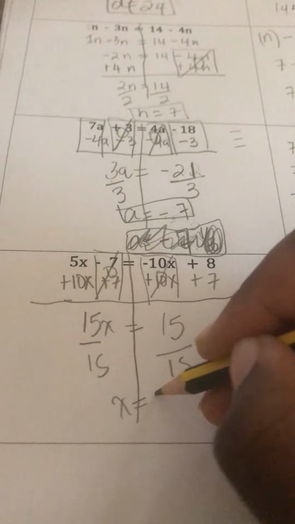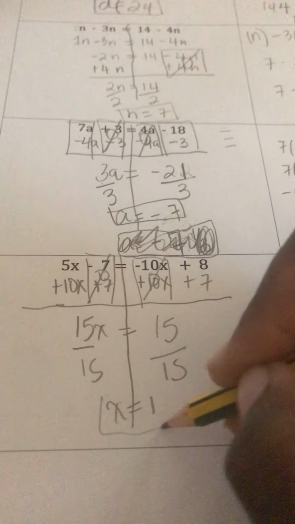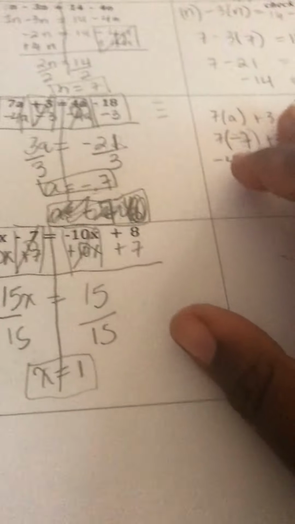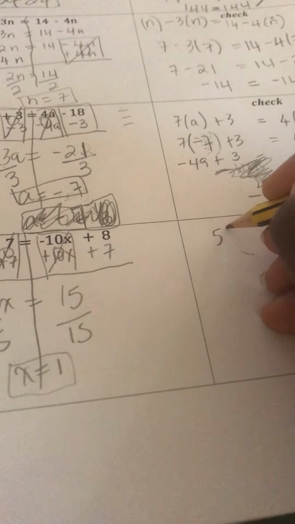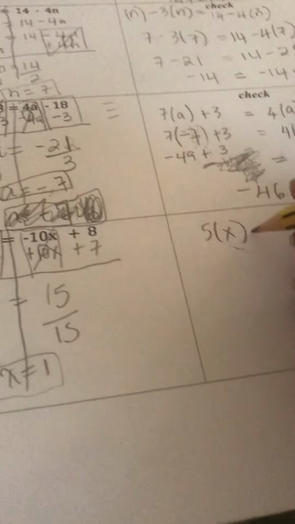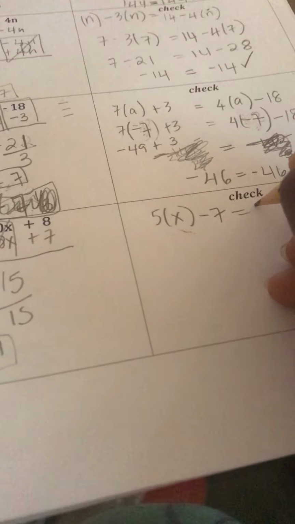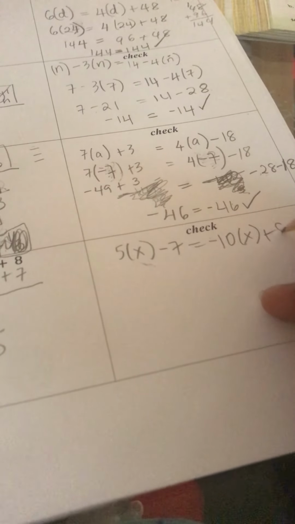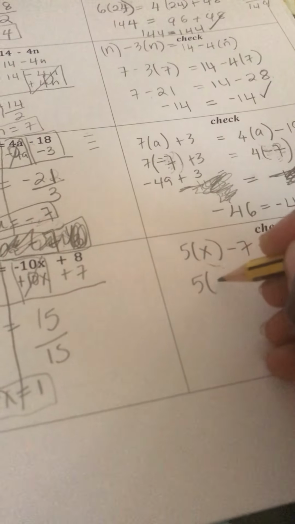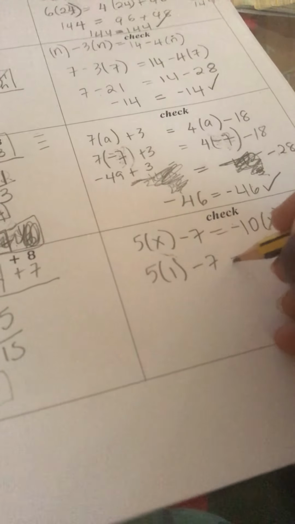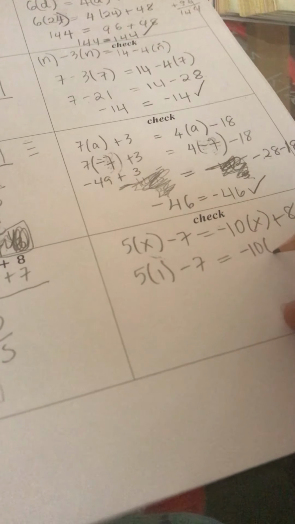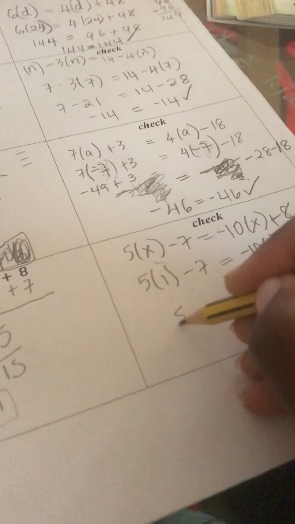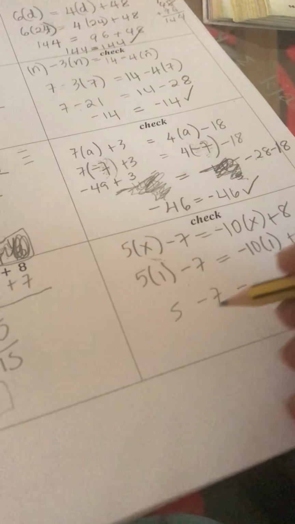Checking this one will be easy because we're only using 1. Okay? And let's see if we are correct. So 5 bracket x minus 7 is equal to negative 10 bracket x plus 8. 5 bracket 1 minus 7 is equal to negative 10 times 1 plus 8. 5 minus 7, what is that?